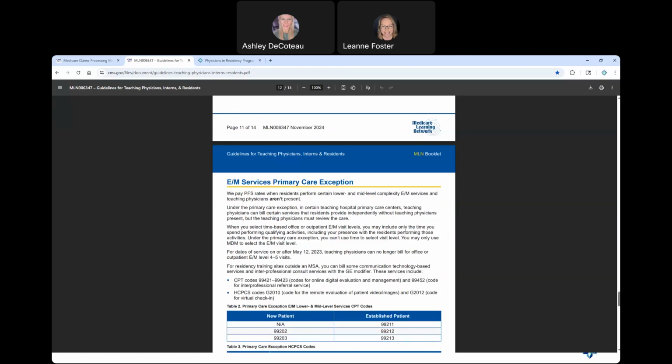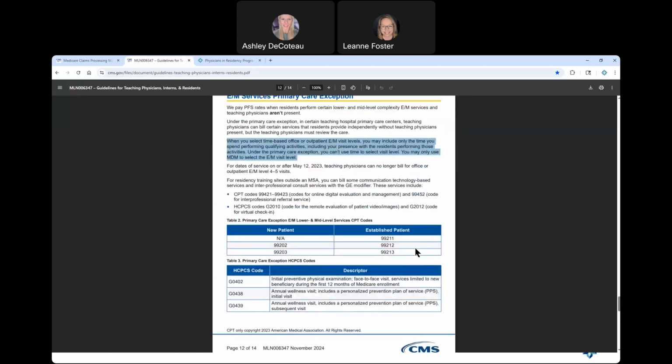So there's a few things that I want to point out here. First, we see here in this third paragraph that you're not able to use time again to select your level of service under the primary care exception. Again, you can only use medical decision making. Next, I want to scroll down and take a look at these tables.